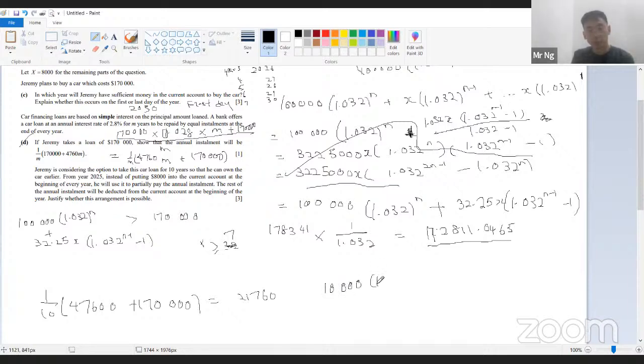Then after that, it keeps compounding 100k. Then after that, it keeps compounding. So that means that every year, after paying the 8,000, he still needs to pay.